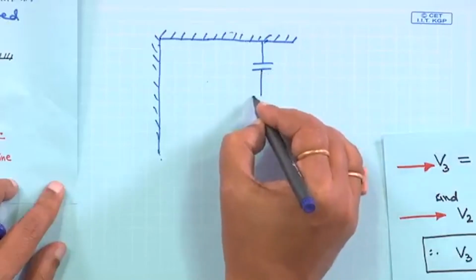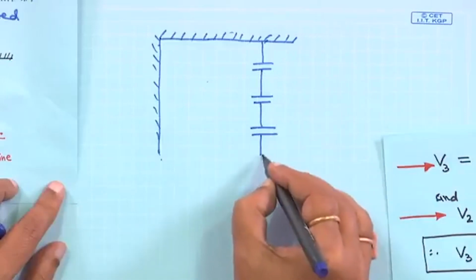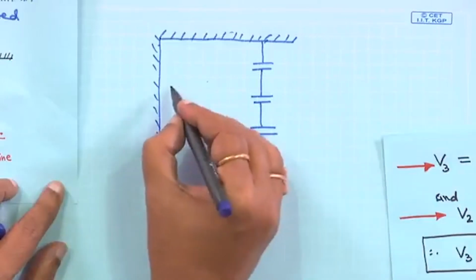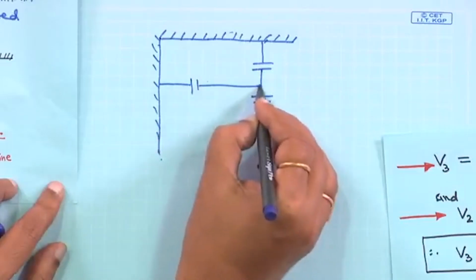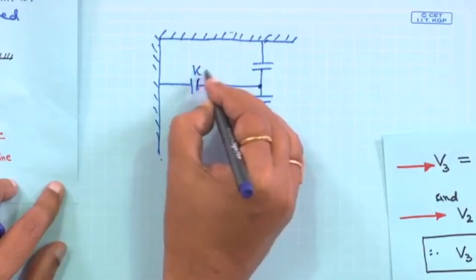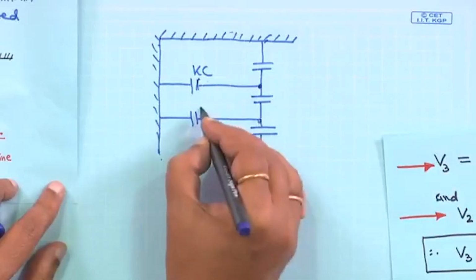This is C, this is also C, this is also C, and here this is your Kc, here also Kc.